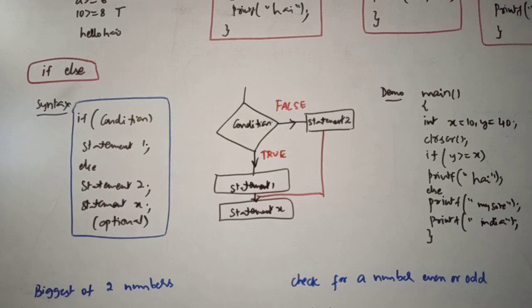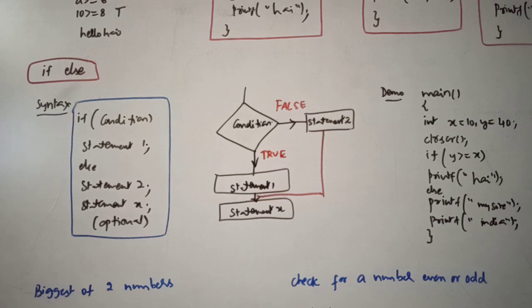The one before else is statement 1, the one after else is statement 2. Look at the flow chart. These types of diagrams are called flow charts, which we will be discussing. If the condition is true, statement 1 and statement x will be executed. If the condition is false, statement 2 and statement x will be executed.